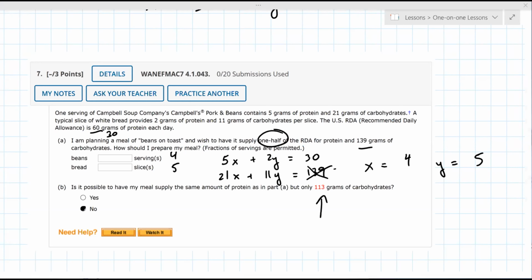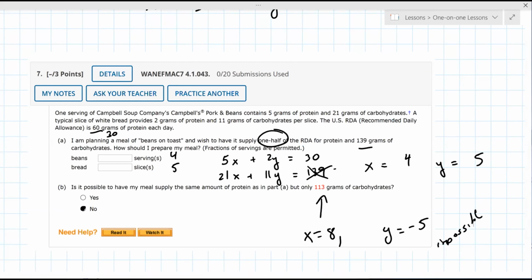Yeah, I got 8 and -5. That's right. You get x equals 8, y equals -5, and that's impossible. That's what part B is trying to get you to see, that with that number, it can't work.